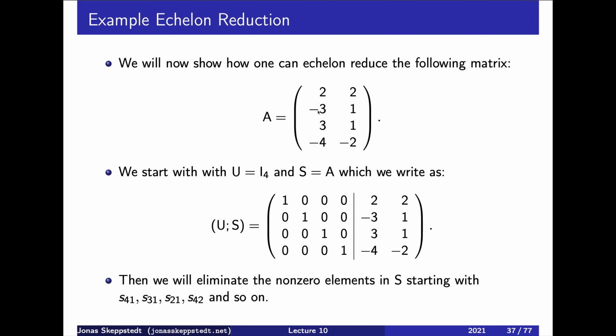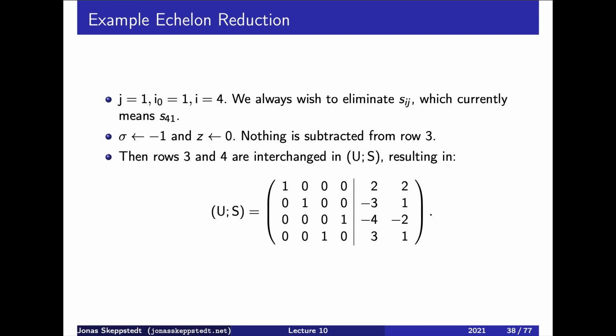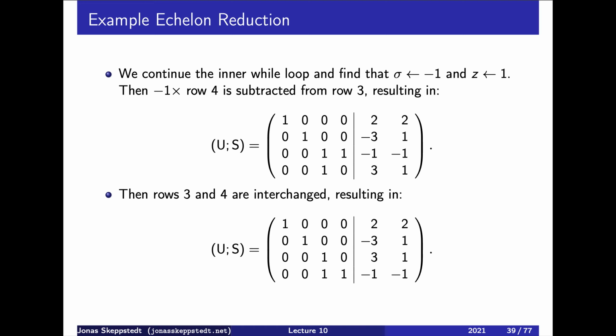We can start with this, and we start with the identity matrix as the U. I will not explain what happens in each step, but we will just see the progress. We create these elementary matrices to manipulate. Basically, it's S that we want to manipulate, and U comes as a result of how we do that.